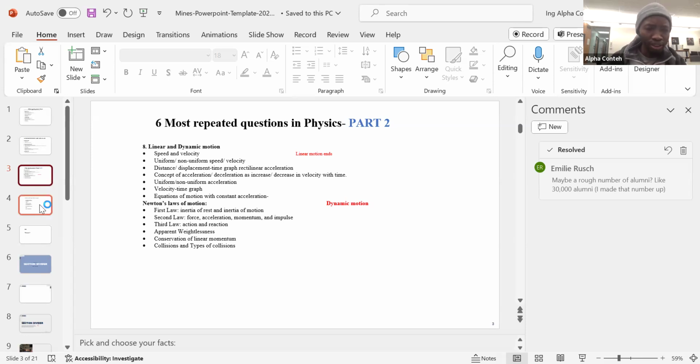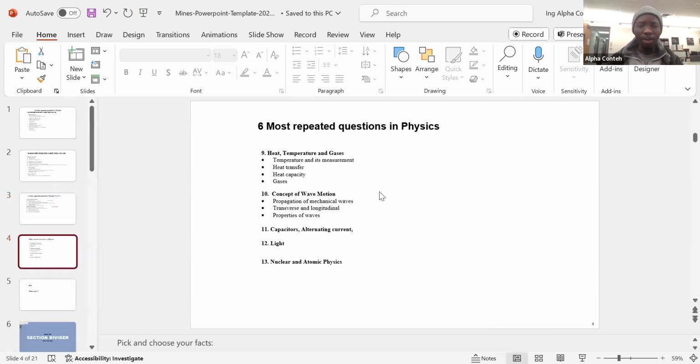So if we move again to the next topic, normally frequently run under Part 2, we have heat, temperature, and gases. These are broad topics, but I just summarize them in a simple way.